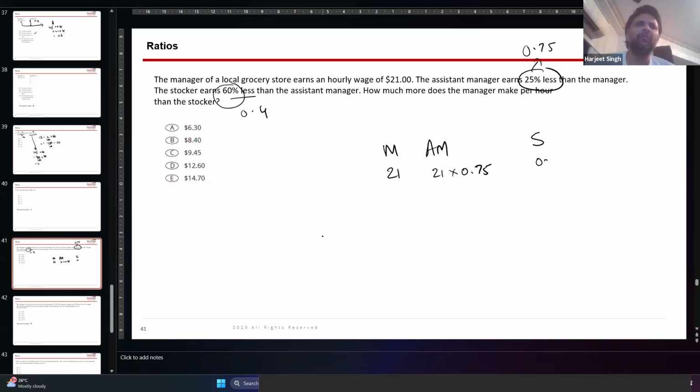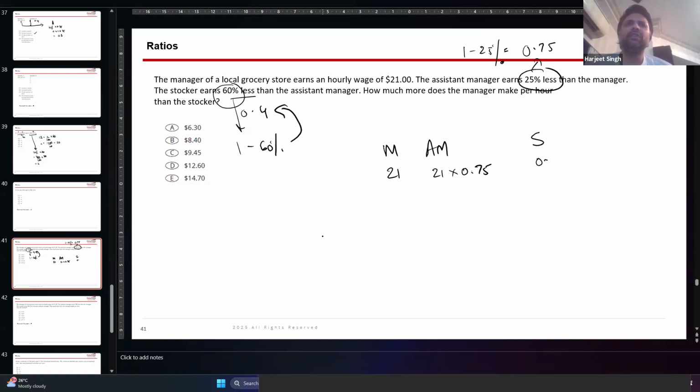So be careful, don't multiply by 0.6. It is 60% less, not 60% of, which means it's 1 minus 60%, which means it's 0.4. Also, assistant manager earns 25% less. It doesn't mean 25% off. Don't multiply by 0.25. It's 25% less. So the factor is 1 minus 25%, which is 0.75.